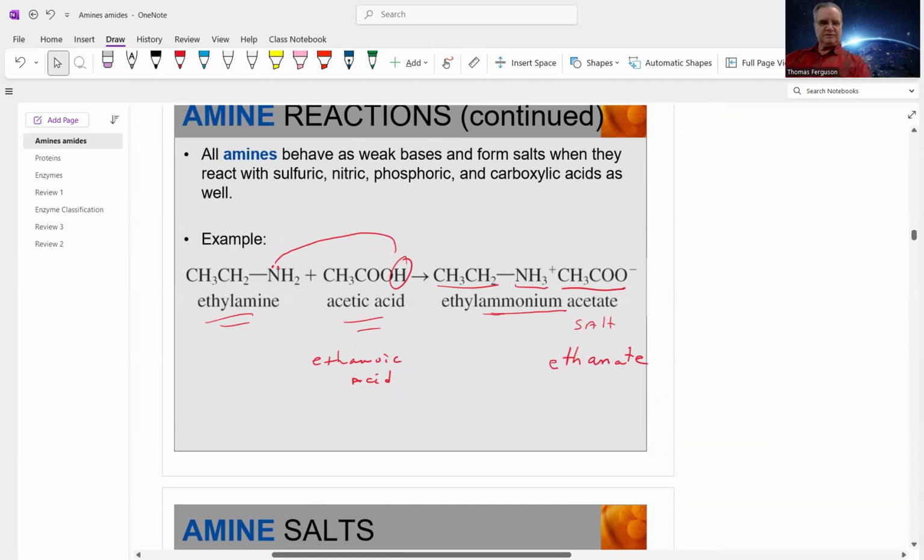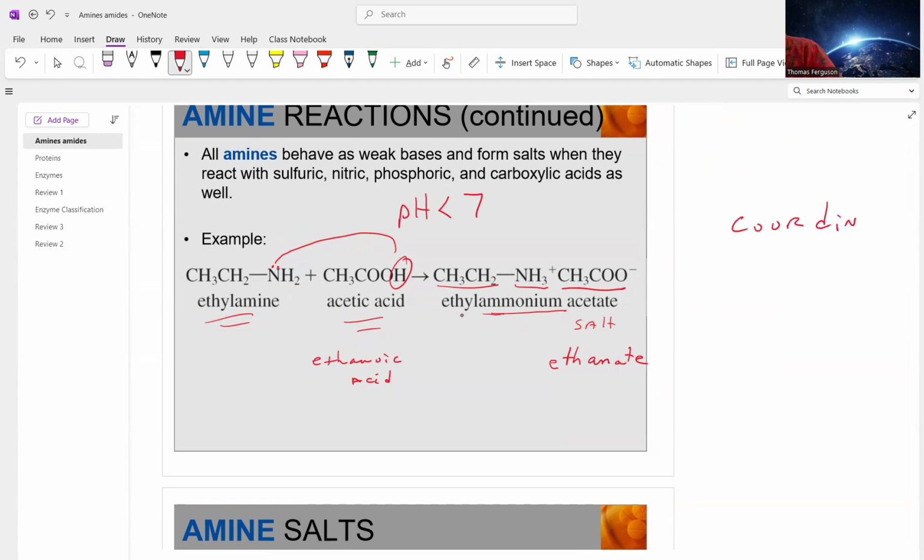Okay, and this is what I just mentioned. Okay, so we have pH less than 7. What happens is the hydrogen from the acid goes on to the nitrogen. In fact, the name of that bond is called a coordinate covalent bond.